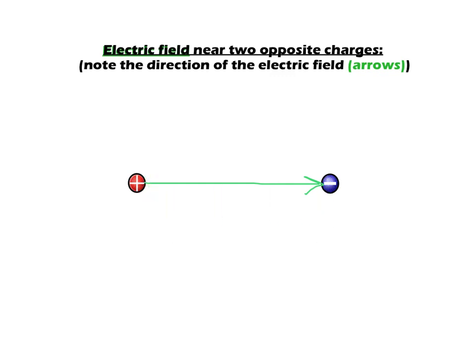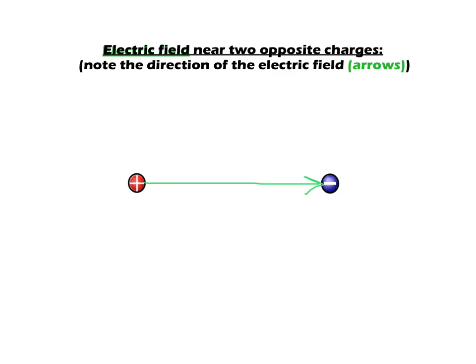The reason that this is so is that if I imagined a small positive test charge right in between the two, there would be a repulsive force from the positive and an attractive force from the negative. If I summed up those two vectors by putting them tip to tail, they would result in an overall force that would go something like this, twice as big as each of the individual components.